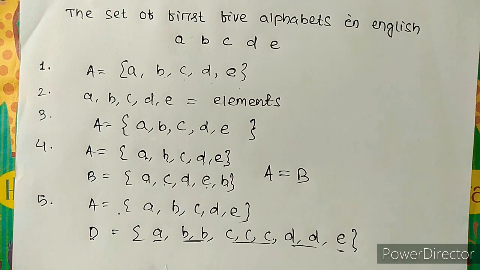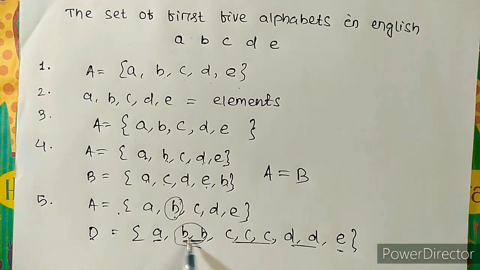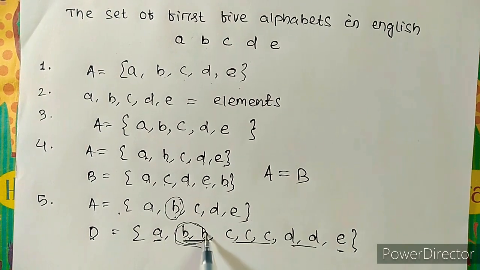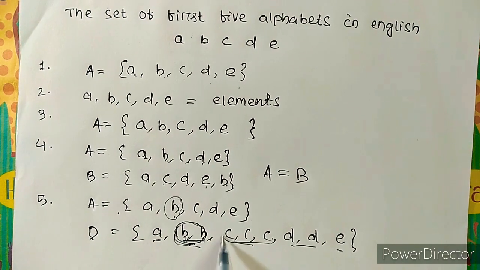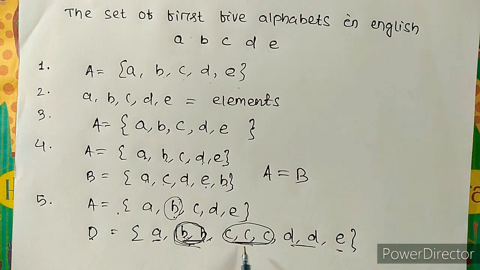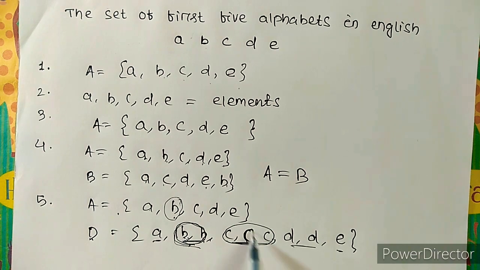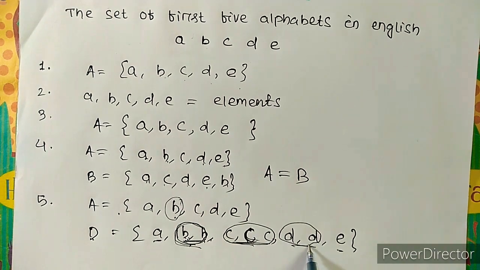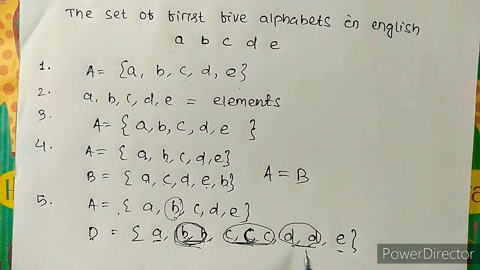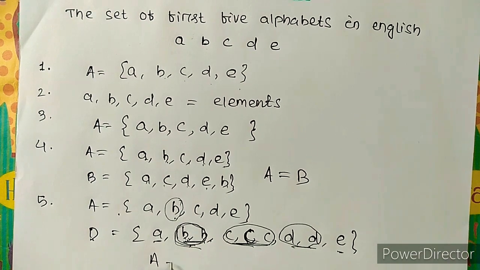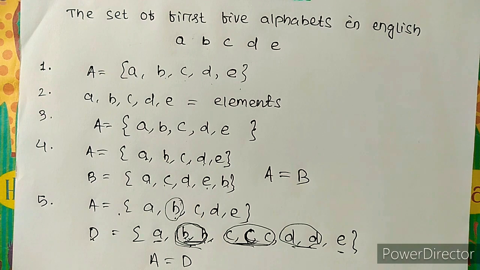We will not count repeated elements. Here there is one B, but there it is two B's; in general we consider it as one because both are the same. There are 3 C's, but we consider them as one C. There are 2 D's, so we consider them as one D. So here A and D are equal.